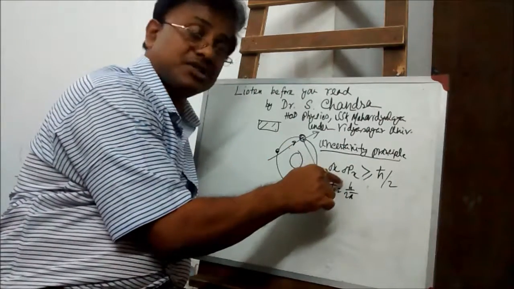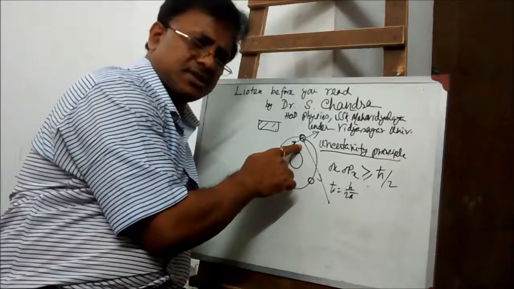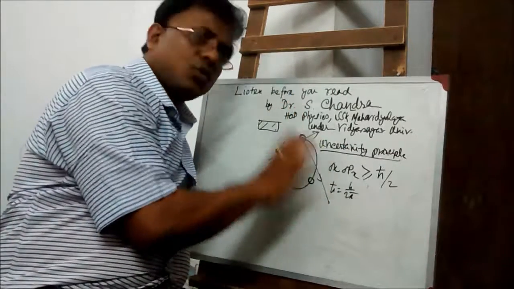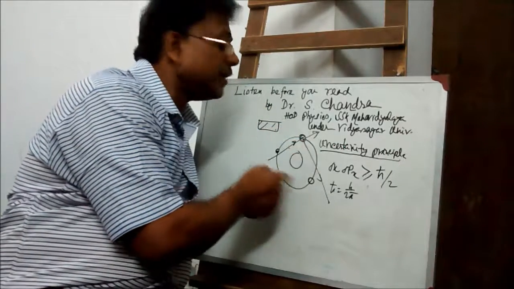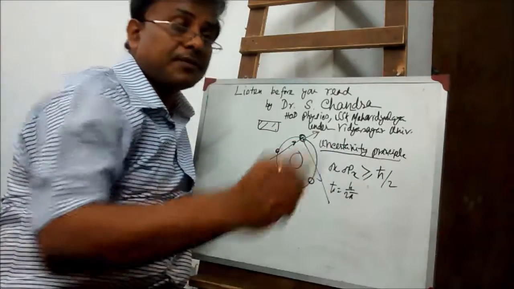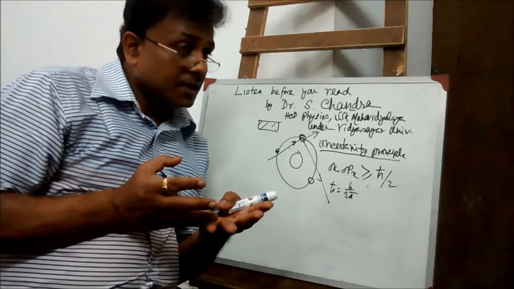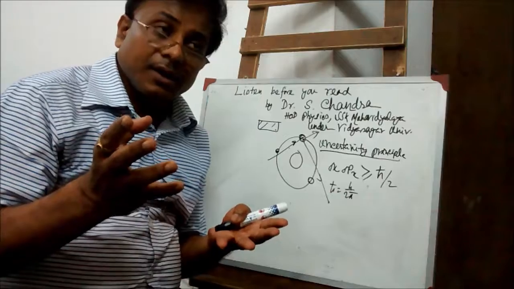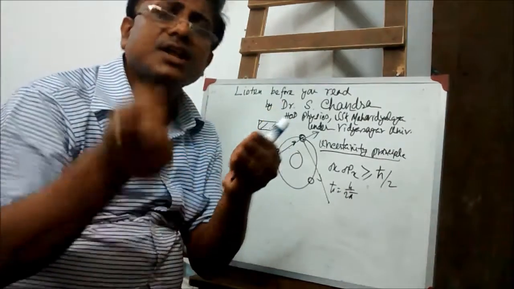And that is given by Heisenberg, the uncertainty principle. If you locate the position very absolutely, then you cannot locate the momentum, how it is moving. So if we cannot locate the position, then how can you say the electron is rotating in a circular orbit or in an elliptical orbit?